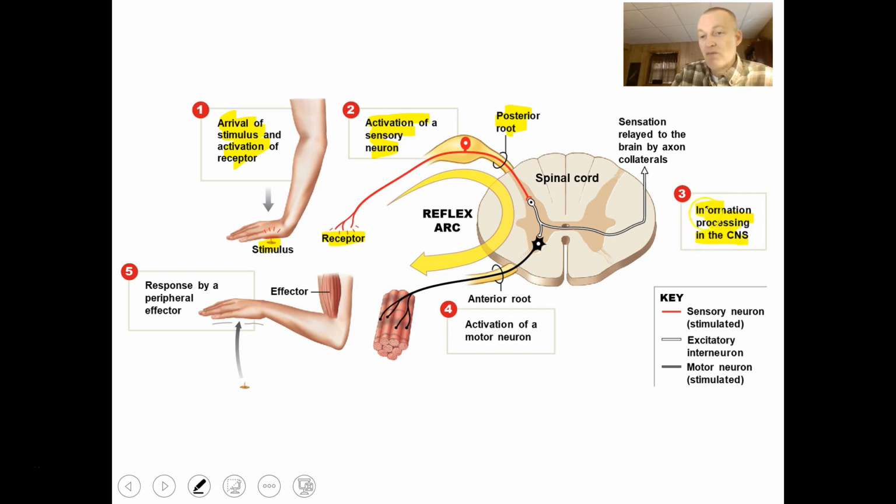The information processing is going to be done by the interneuron here in the spinal cord. It's going to then use the anterior root to send a motor command through a motor neuron to an effector, which will be a muscle here, to cause you to pull your hand back, and then you'll get the response there. So we use sensory neurons in this one, we use interneurons, and we use motor neurons in this particular spinal reflex.